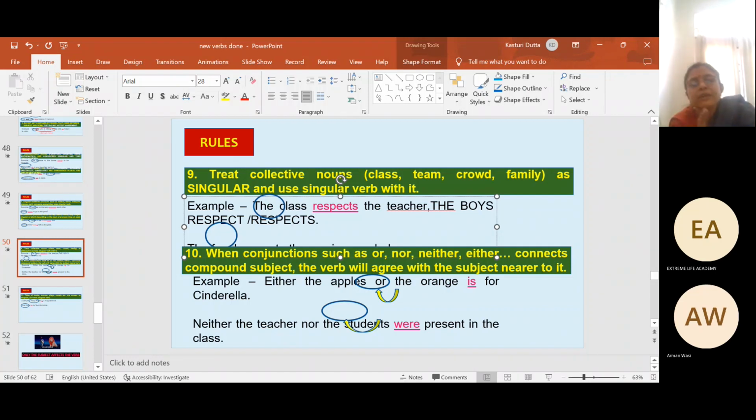The boys respects the, first let me finish the sentence, then you say. You tell me which one to choose. The boys respect or the boys respects? Which one? Tell me.